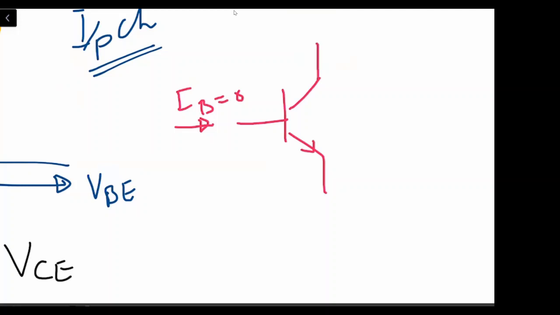This means we have some current flowing over here, and this current is ICEO, where ICEO is basically the current flowing through the collector to emitter junction when the base is open, right? So let's see what this is.